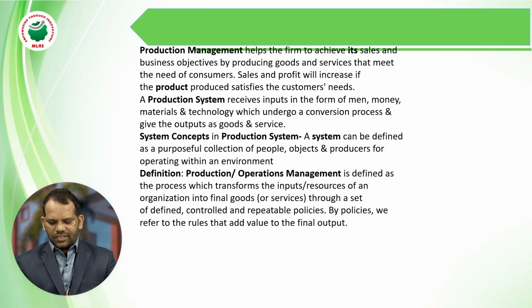Next one, production system. Generally the production system is the conversion of input into output. Input, working process, the final good of output. So we are exchanging the value of goods and services and transforming input into the final good of output in the production process.